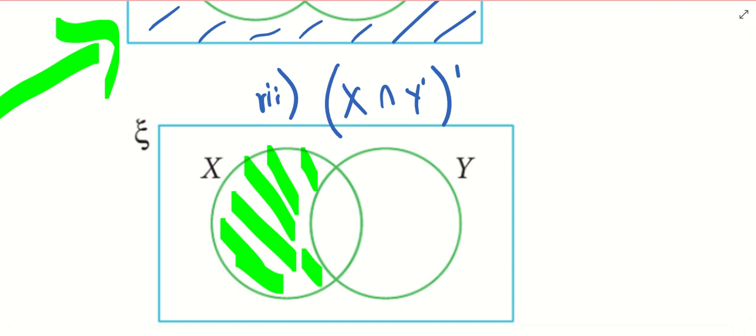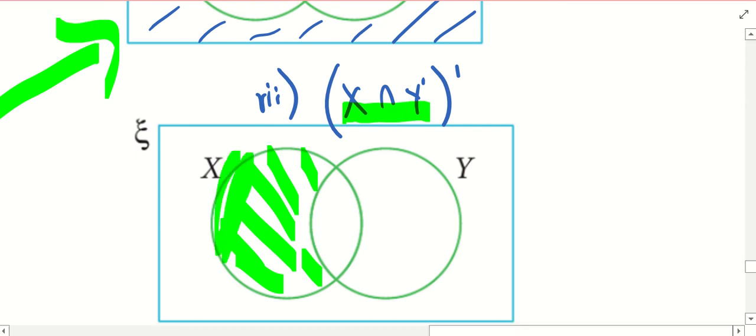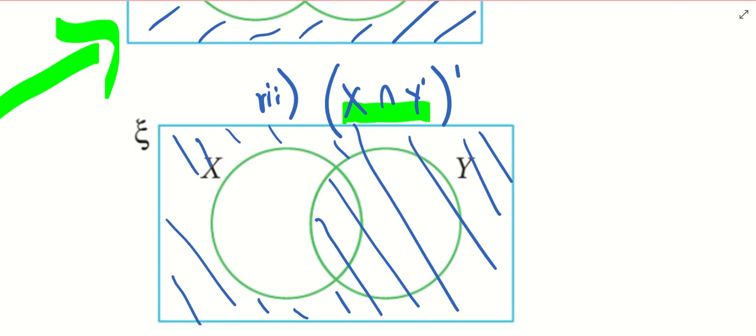Am I right to say that? But because of the bracket with the complement, I don't want this green crescent that I've just shaded. I want everything except the green crescent, which is the one x intersect y prime. So I need to erase off this part. Everything except that crescent just now because of the bracket complement.